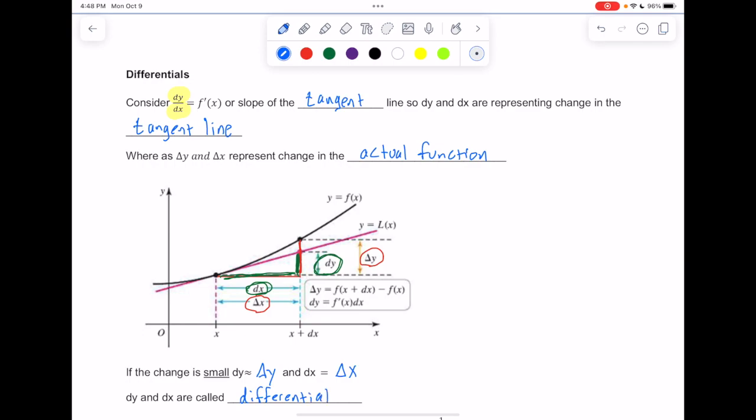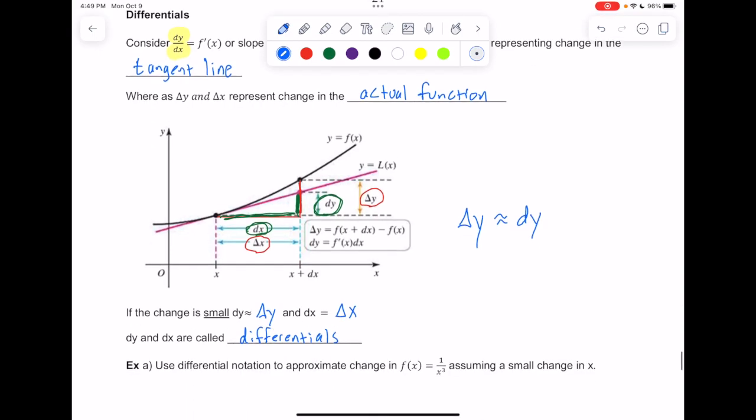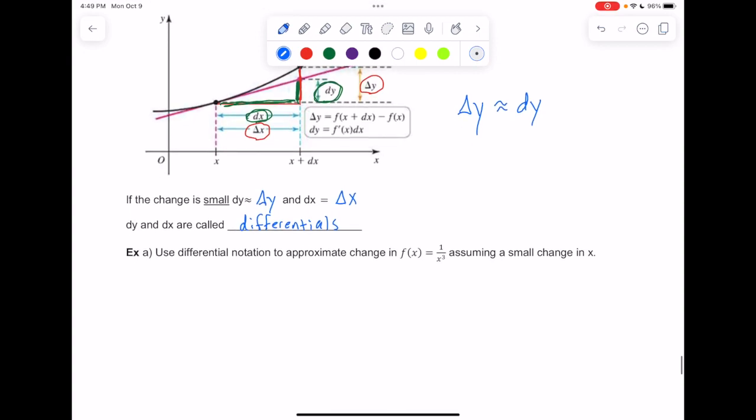And so when they say use differentials to make some approximation, this is what they're talking about. So what's the idea here? If you want to know the change in the actual function, you could approximate that by finding the change in the tangent line. So let's look at that in an example to try and make better sense out of it.